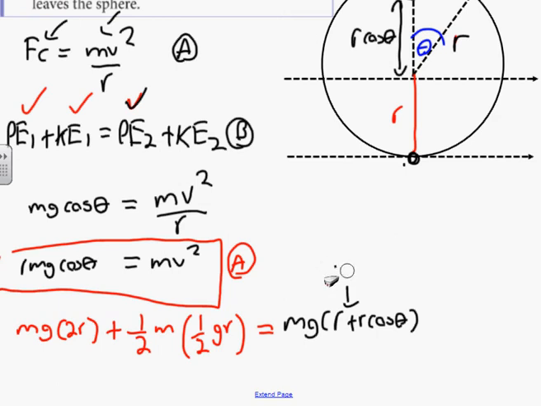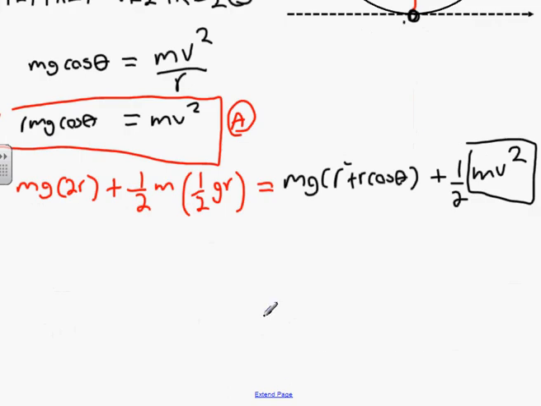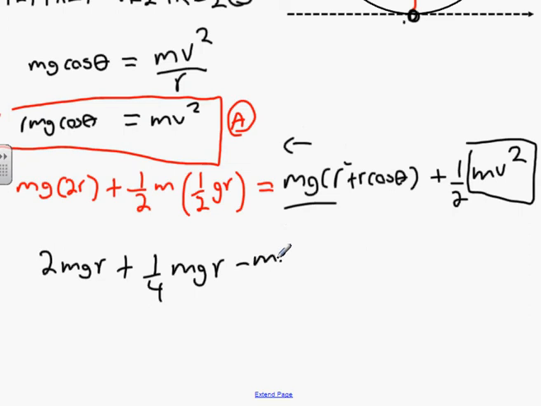Now guys, what is your kinetic energy at the end? That's the whole point of the question, isn't it? A half mv squared. If we isolate mv squared, we can then compare it to the equation to the right. Here's what we're going to do. I'm going to get 2 mgr, I'm going to get a quarter mgr, and this is going to multiply out to become mgr, and when I bring it over that side, it's going to be minus mgr.